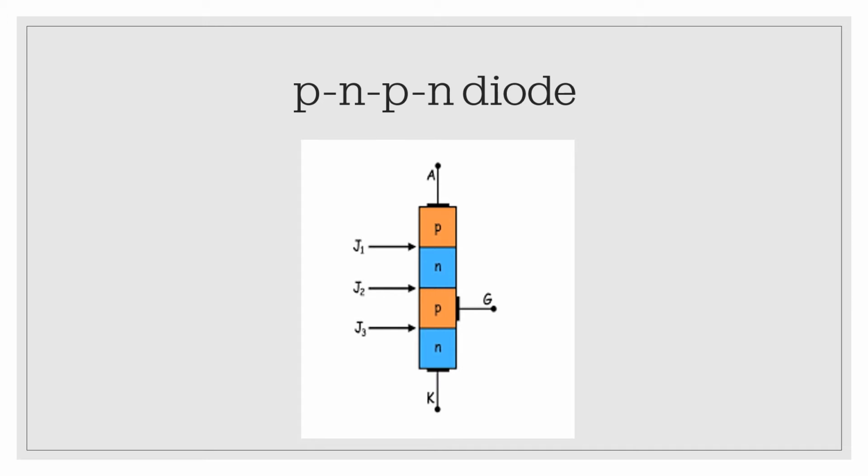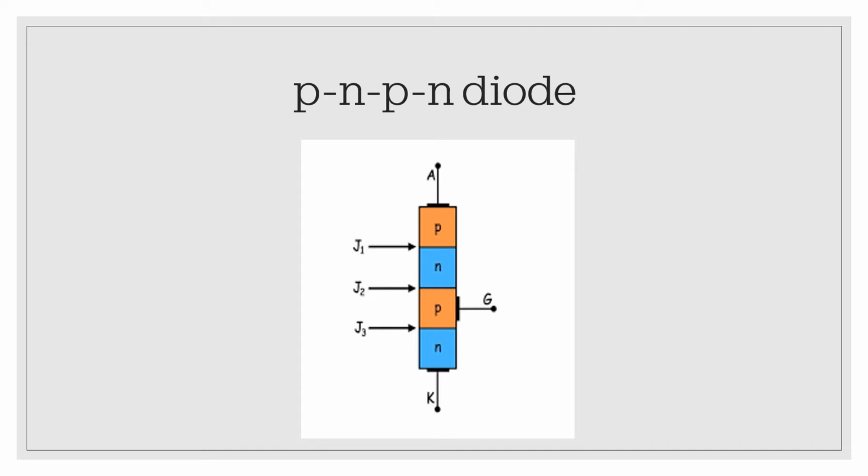As we have discussed earlier, this is a three-terminal device with A as anode, K as cathode, and three junctions J1, J2, J3. Here we have got the PNPN diode, and here is the gate terminal.